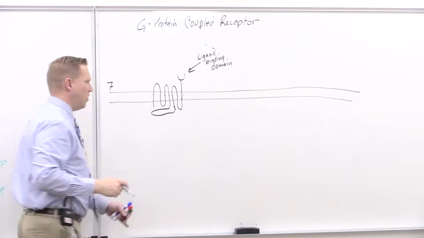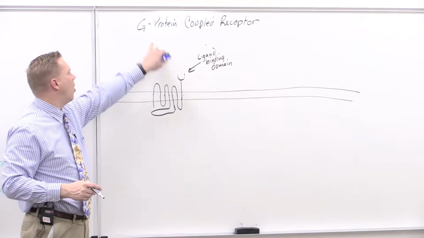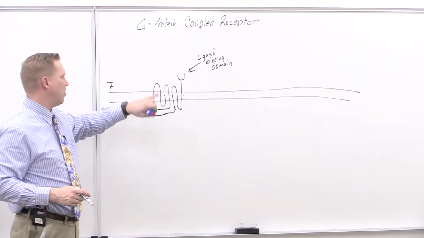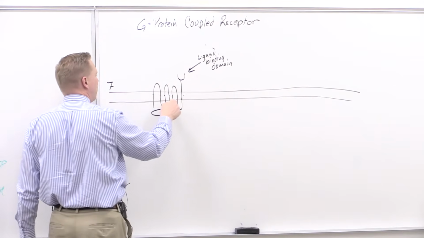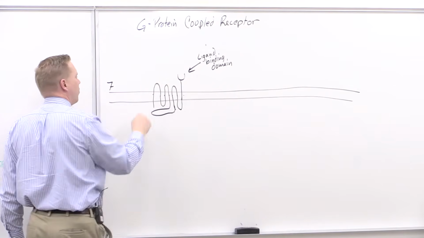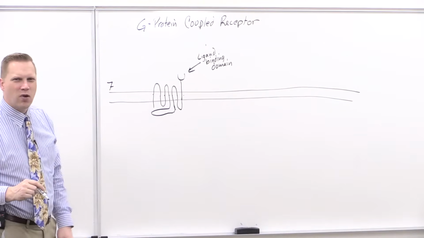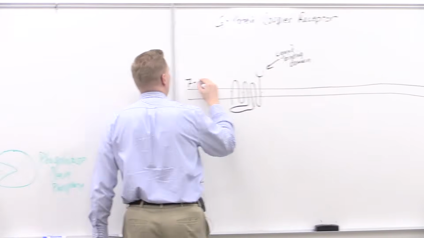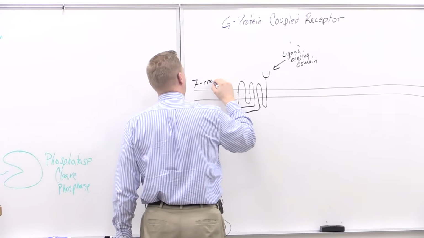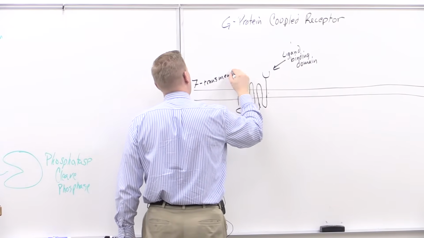And that is a characteristic of all of these G protein coupled receptors. They have 7 transmembrane domains. They kind of weave back and forth across the membrane, and so they're sometimes called serpentine receptors or snake-like receptors for that reason. But it has 7 transmembrane domains.